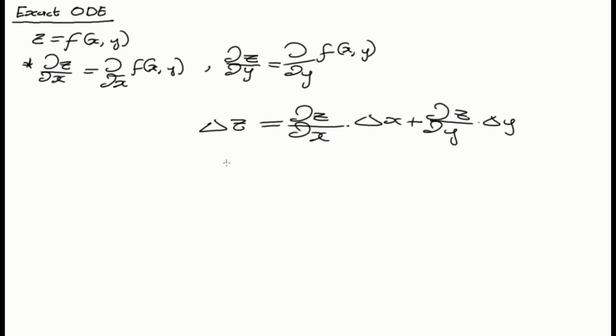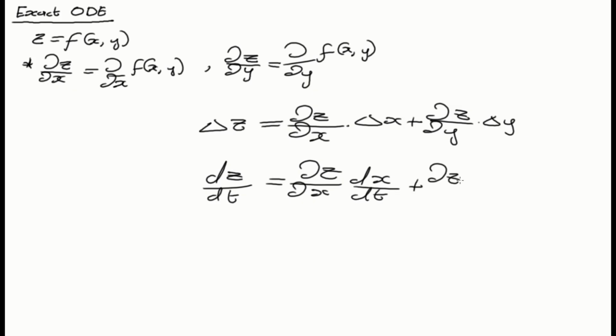We further improved this formula into getting the rate of change, which could also be the rate of change in z, which was like this: the partial derivative with respect to x times dx, plus the partial derivative with respect to y times dy, over dt.